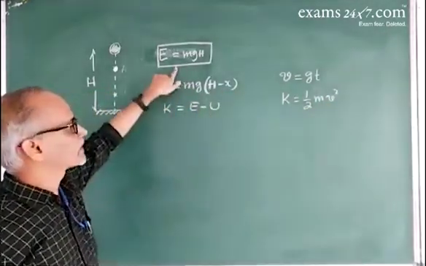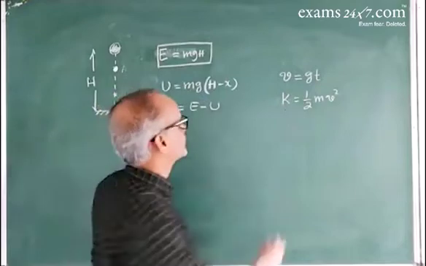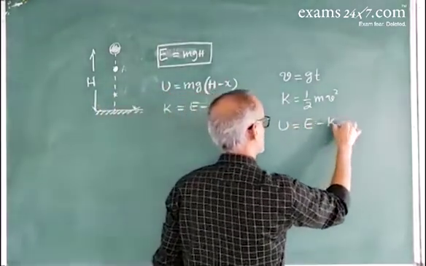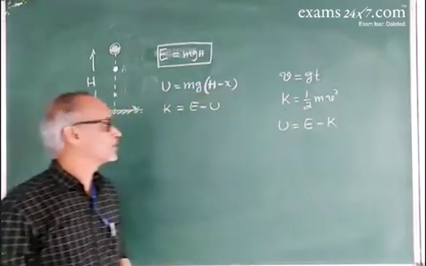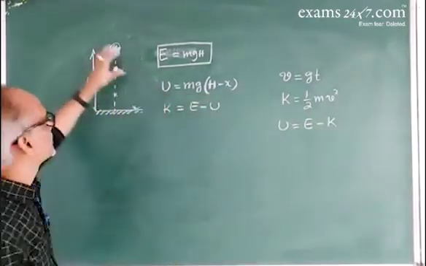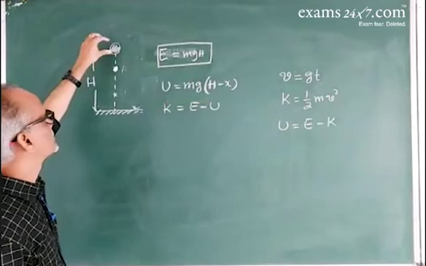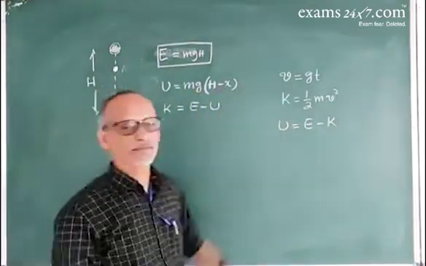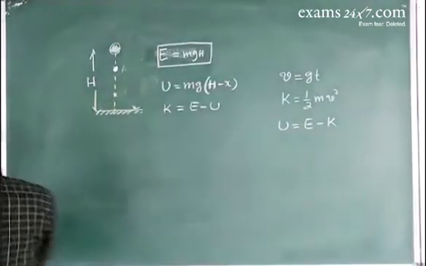And we know the total energy, we know the kinetic energy. So now you can find the potential energy, which is equal to total energy minus kinetic energy. This is the reason why the total energy is useful in finding the other forms of energy.